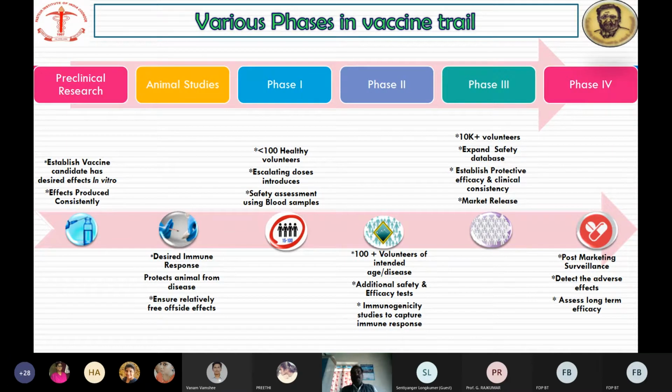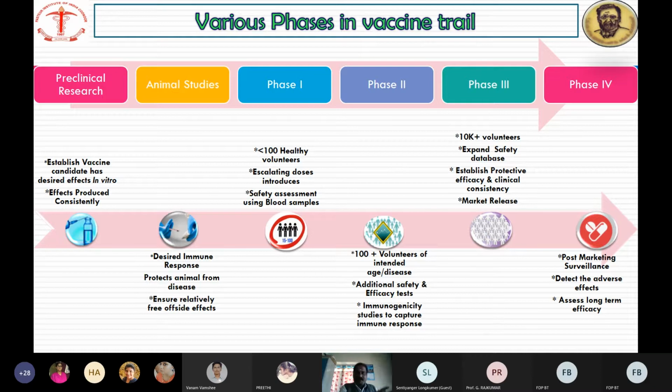If you use animal testing, we can choose animals like mice or guinea pigs, but any kind of mice. That also needs prior approval from the IAEC, the Institutional Animal Ethics Committee.